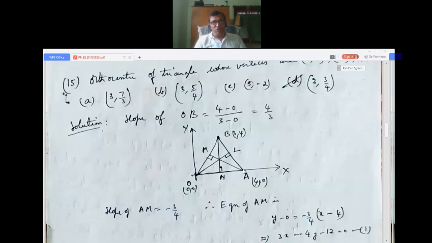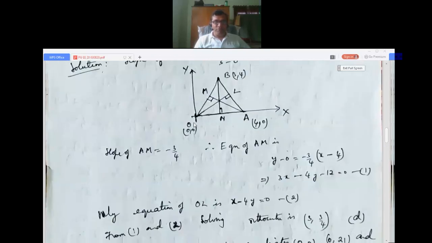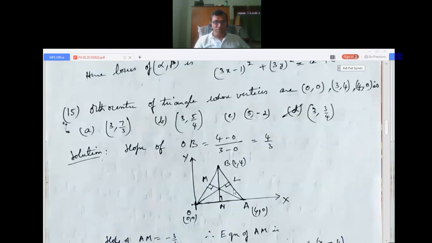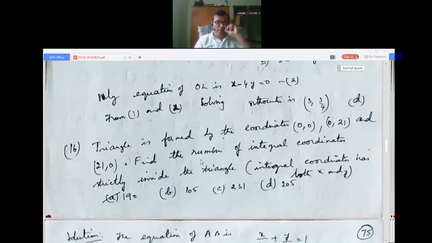First find the slope of AB, and whatever you get, since OL is perpendicular to AB, it will be the negative of the reciprocal. Then it passes through O, which means it passes through 0, 0. So use the same formula, y minus 0 equals slope into x minus 0. So we get the answer as x minus 4y, because here the constant term is not there since it passes through the origin.